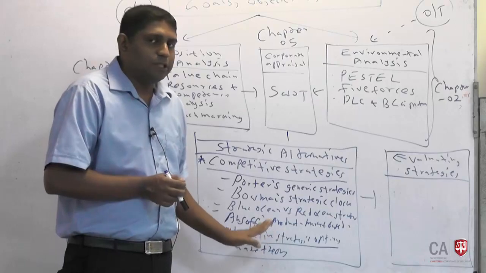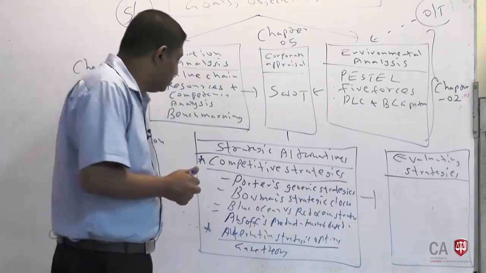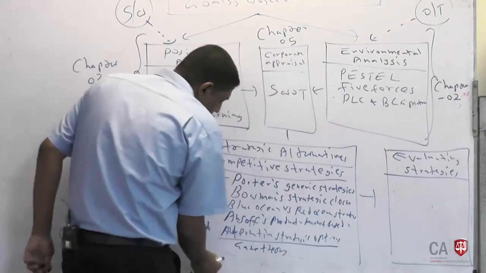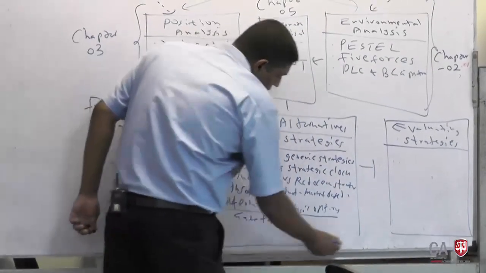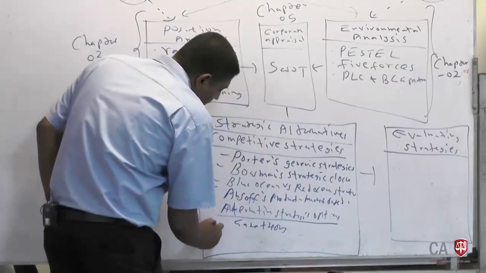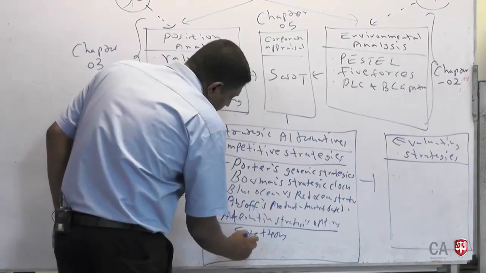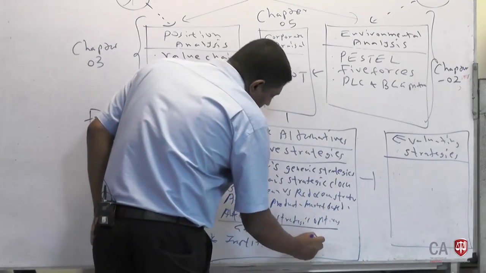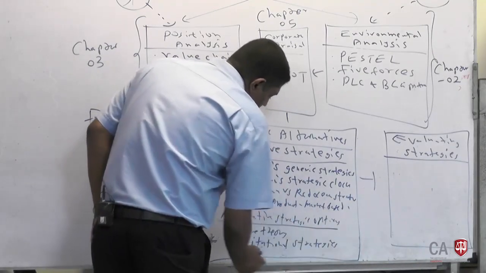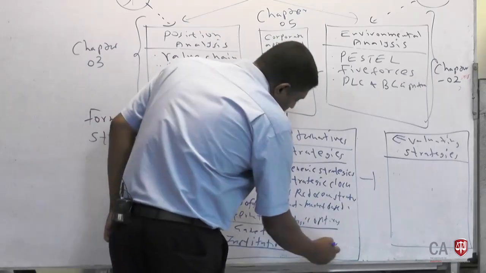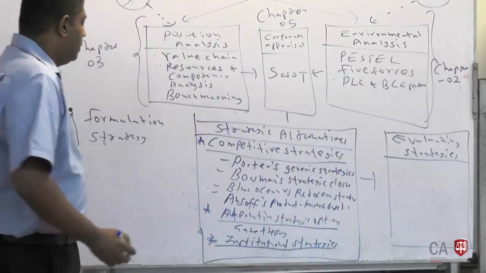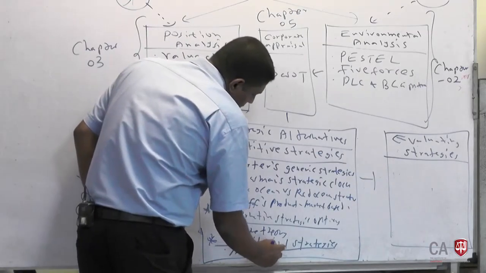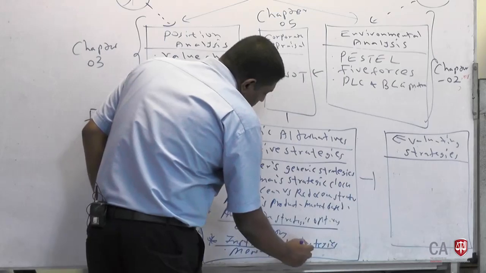Institutional strategies are corporate level strategies, like mergers and acquisitions; these can be considered here, but we are not going to discuss them.